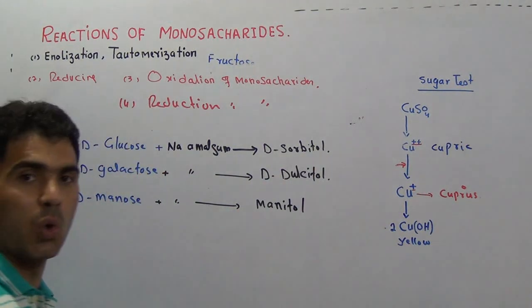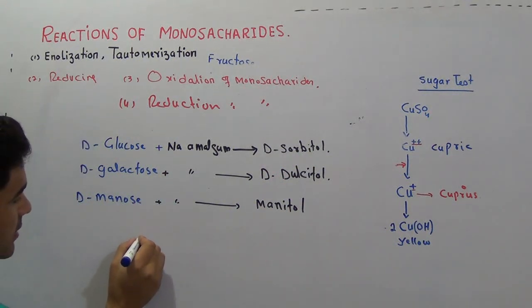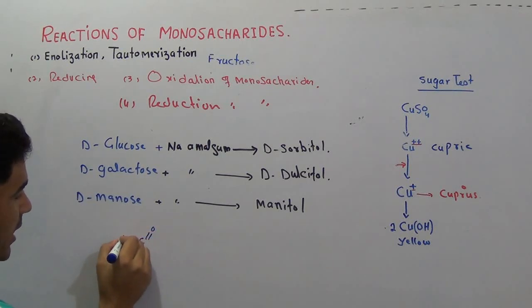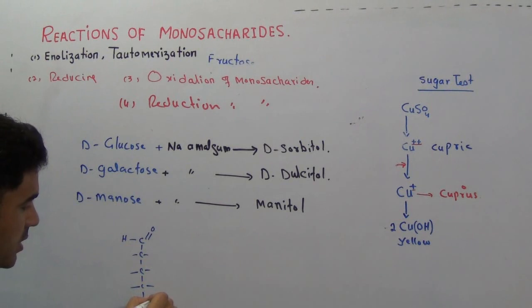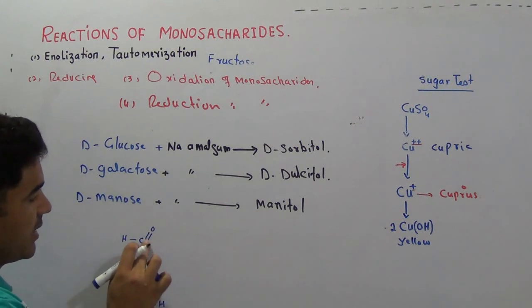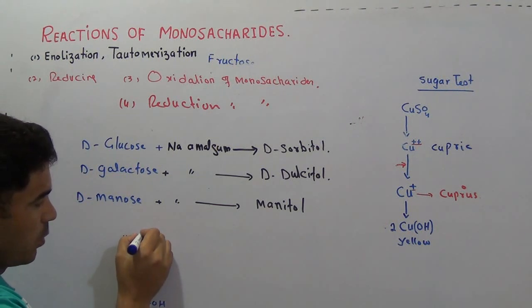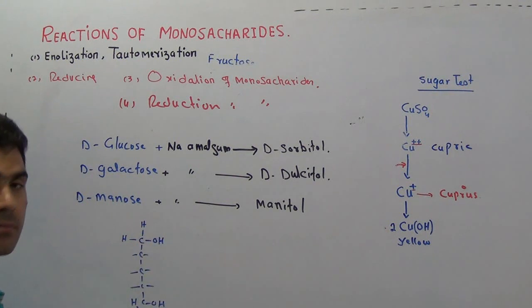All contain ol. If you have C double bond O H and then carbons, every carbon has OH till the last carbon, which also contains OH. But reduction means that at this carbon you will get one more hydrogen and the O becomes OH.